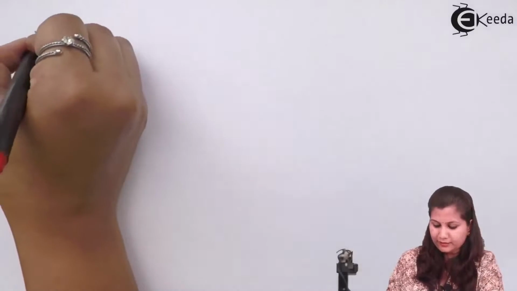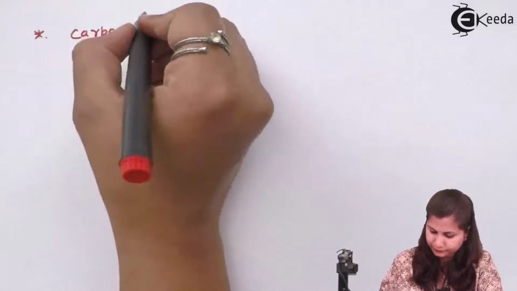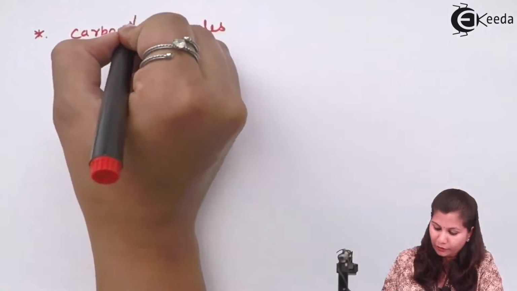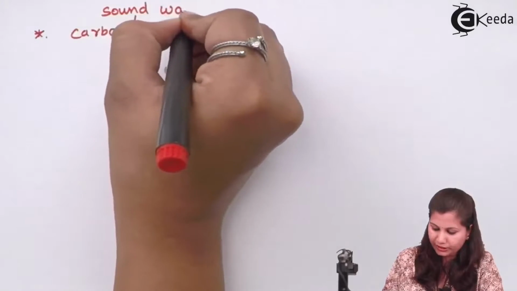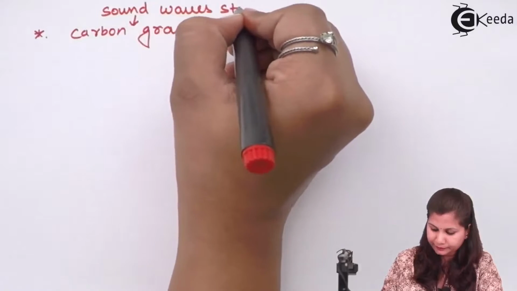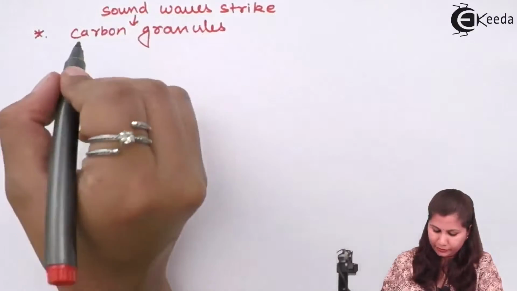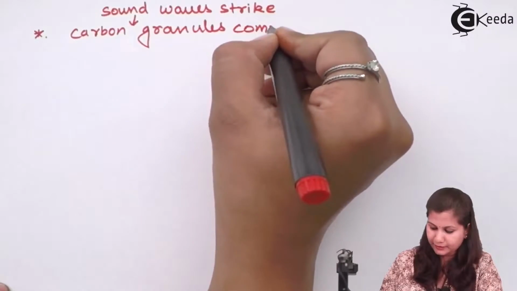So let's see its working in the form of a flow chart. Carbon granules are there. When sound waves strike, the carbon granules are compressed.